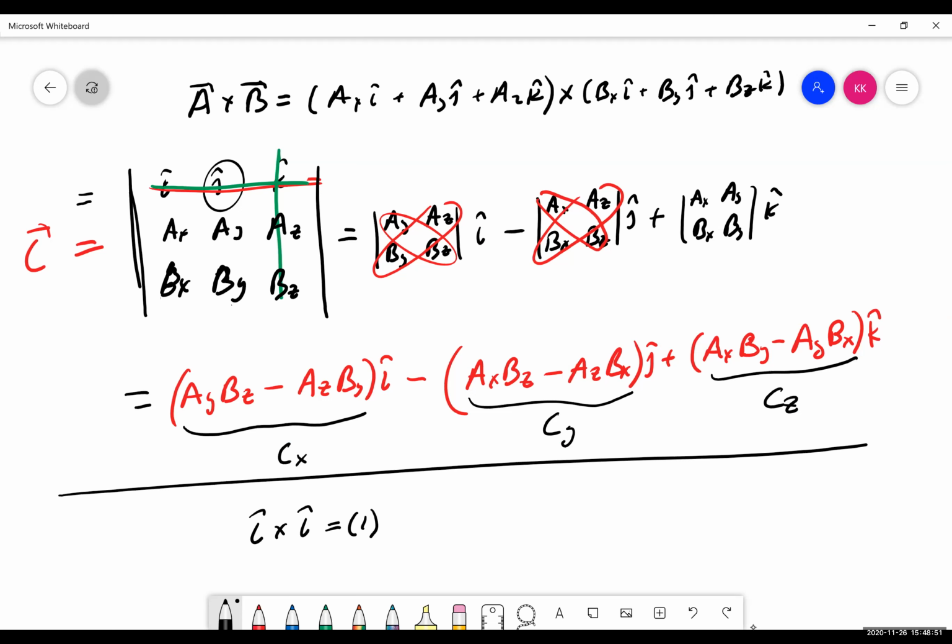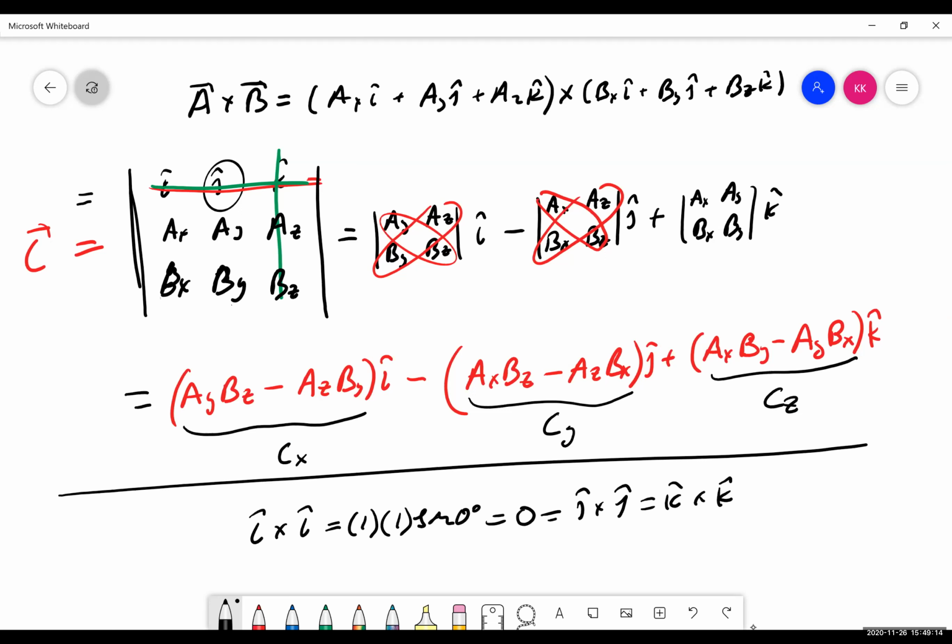So magnitude of 1 times magnitude of 1, times sine of the angle between them. If it's I hat and I hat, they are parallel to one another, so it's sine of 0, so you get 0.